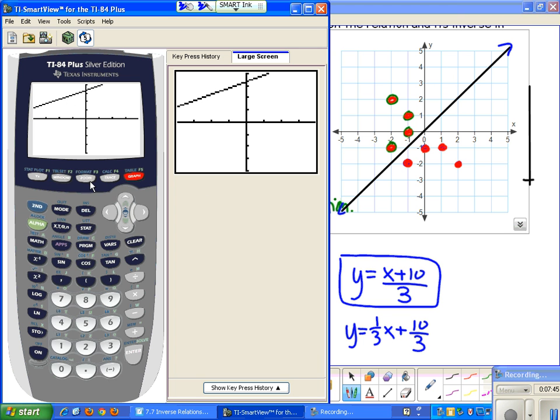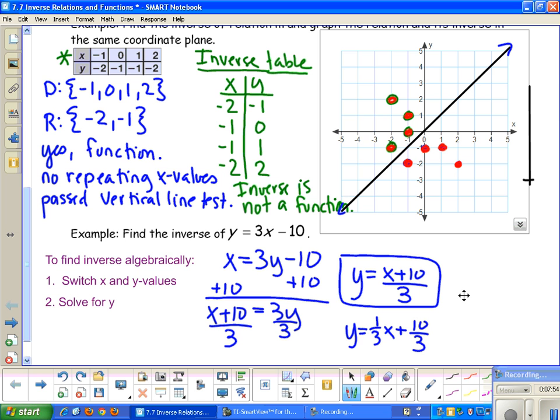And notice that if we were to graph this, even if I zoom standard window, it passes the vertical line test. Therefore, I know it's going to be a function. So we could write that this is a function, even though that wasn't the question. So it's nice that we have a graphing calculator in order to be able to help us with telling whether or not an inverse is a function.